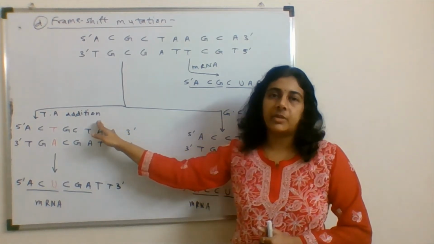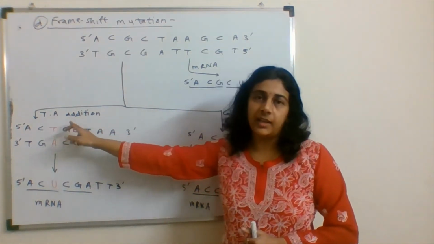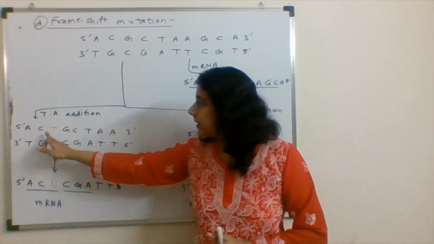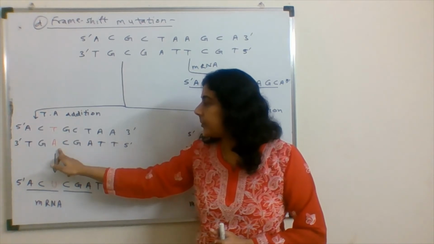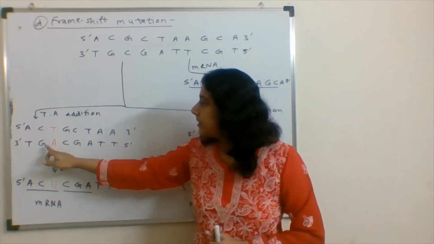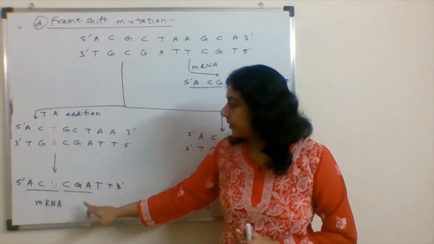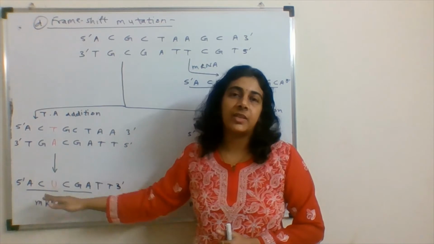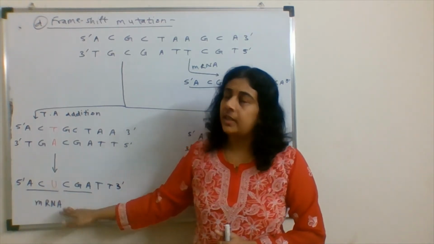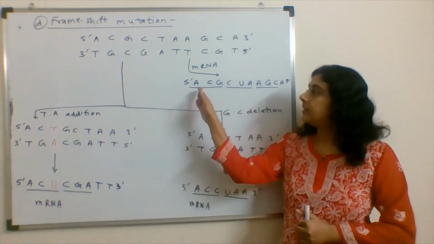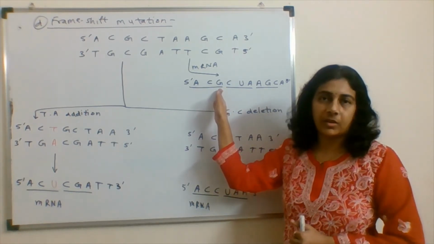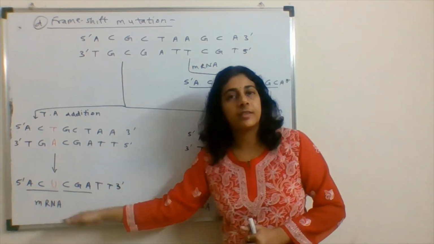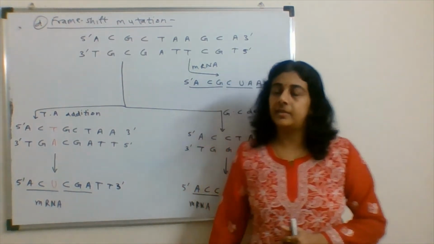In case of an addition mutation, if TA is the base which gets added in between this C and G, then what would be the DNA sequence? This is the DNA sequence from which the mRNA would be formed. It will have ACU as the first codon, whereas in the normal case, ACG is the first codon. So this will code for another amino acid.